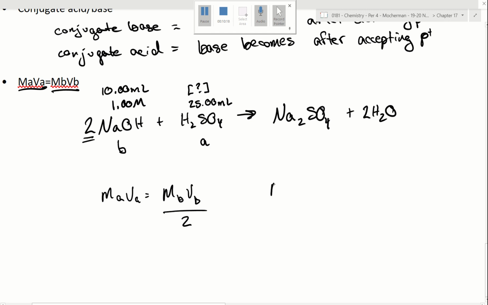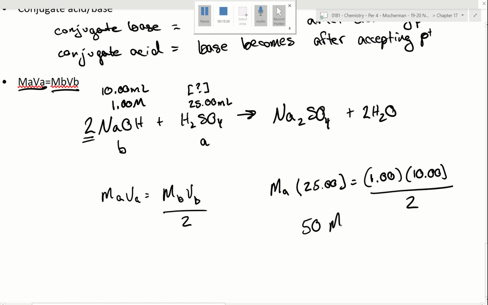We'd say the molarity of the acid times its volume, which is 25.00, equals the molarity of the base, 1.00, times 10, divided by 2. So we would multiply both sides by 2. That would give us 50 MA equals 10.